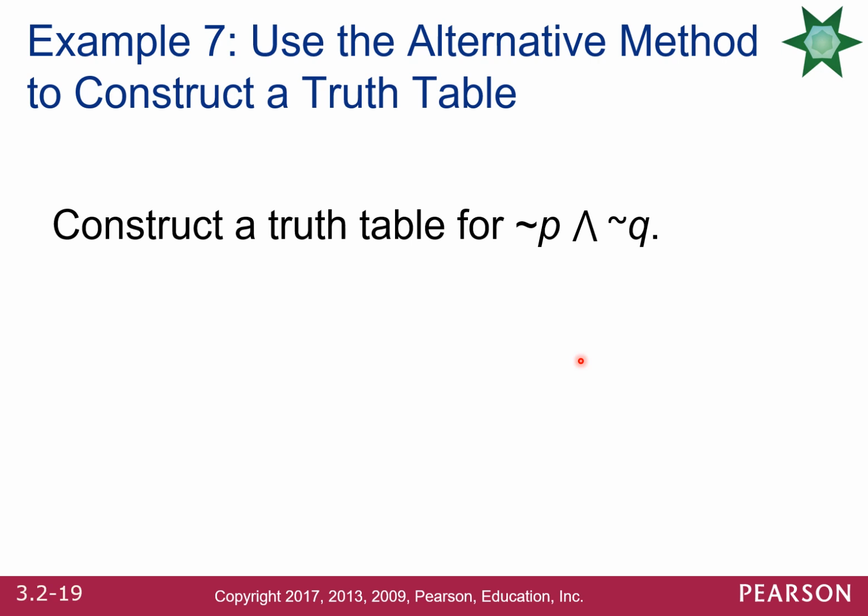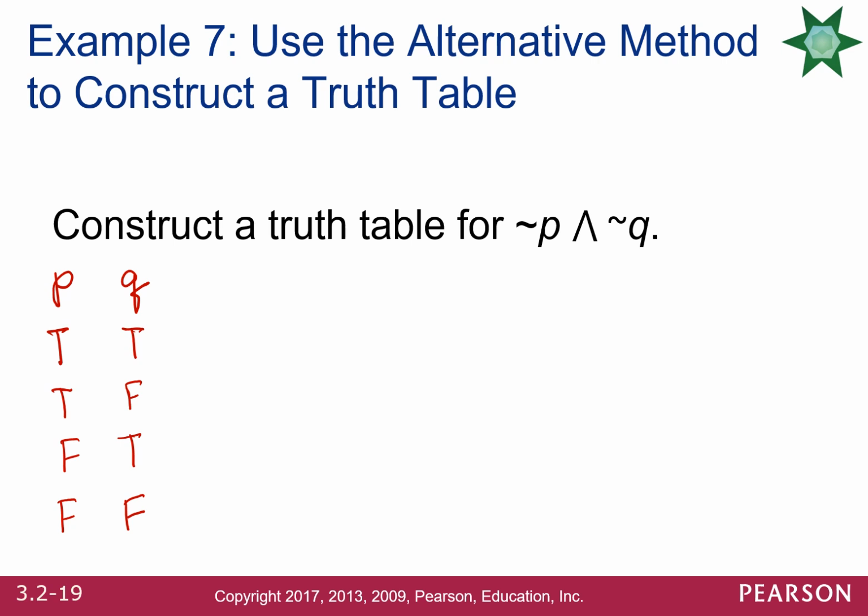All right. So in the previous method, this is how we worked on it. We first listed all the cases for the two statements with the combinations of true and falses. So TT was the first case, then we had TF, then we had FT, and finally we had FF, correct?